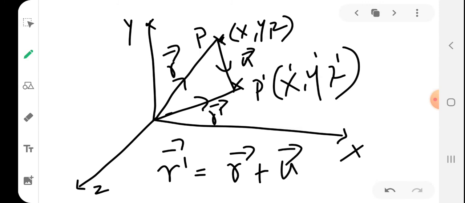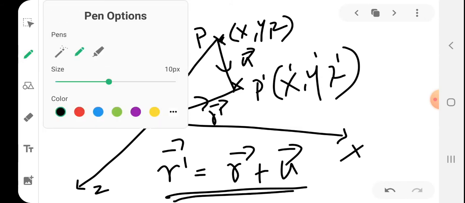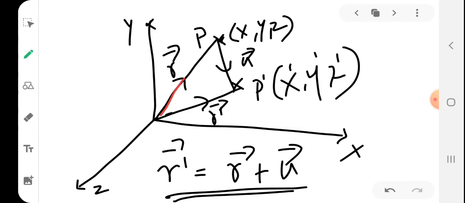If you add the displacement vector to the initial position vector, you will get the final position vector. So r vector plus u vector gives you r dash vector. This is the triangle law of addition for vectors, and that is what is taking place here.